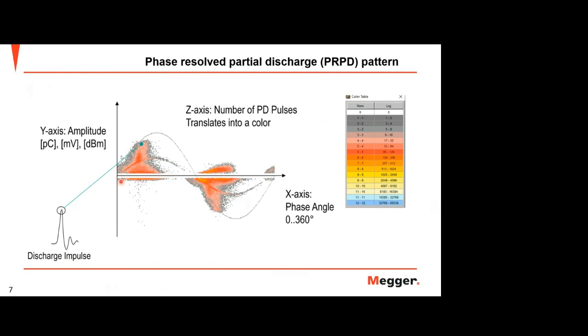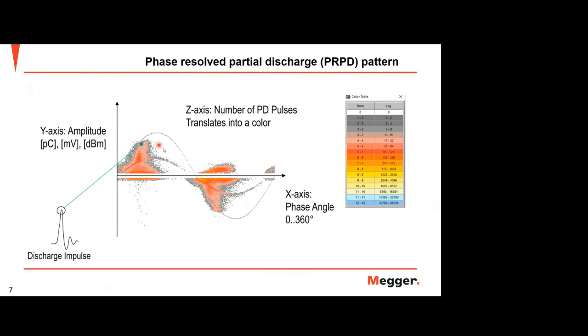If you see this, there are three axes: X axis, Y axis, and Z axis. The X axis illustrates the sinus wave of the voltage that you apply on the rotating machine or any asset. This depends on your system frequency, 50 hertz or maybe 60 hertz.